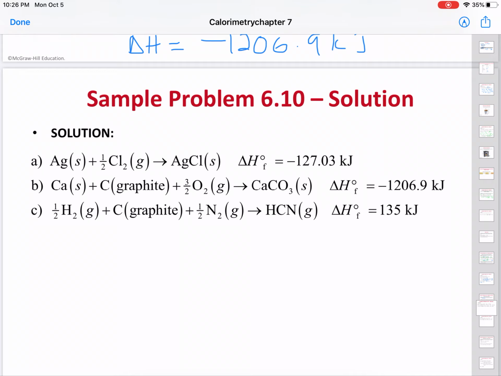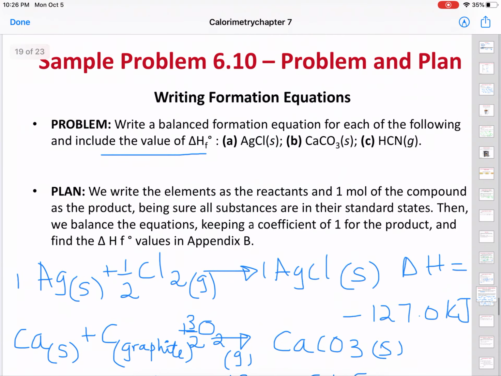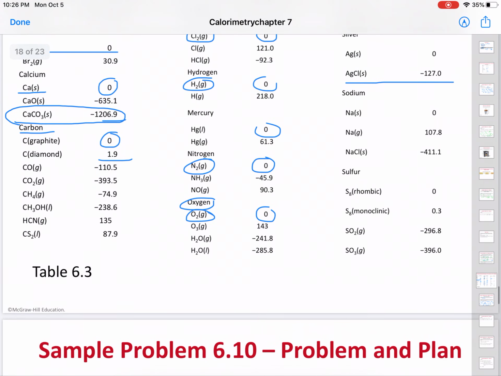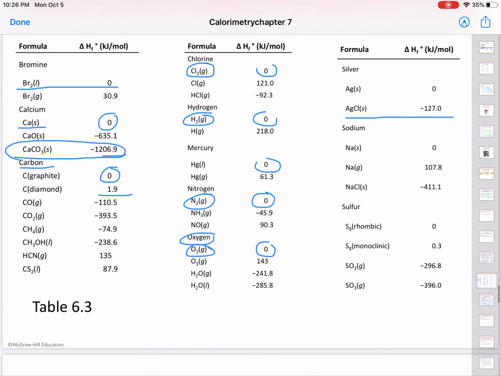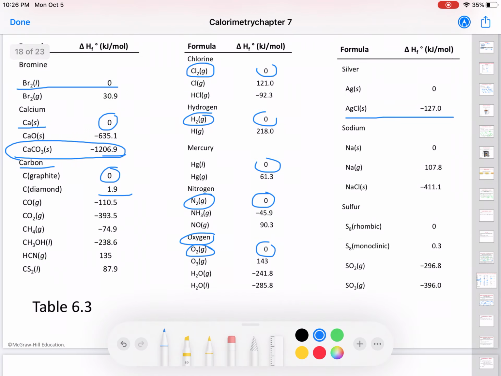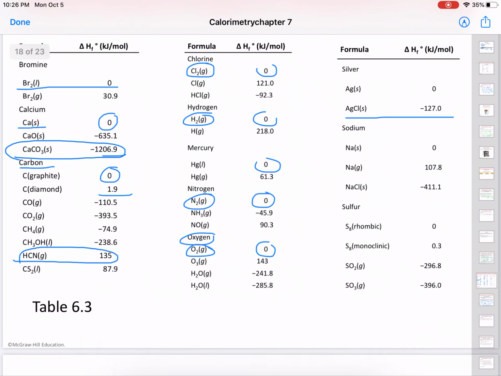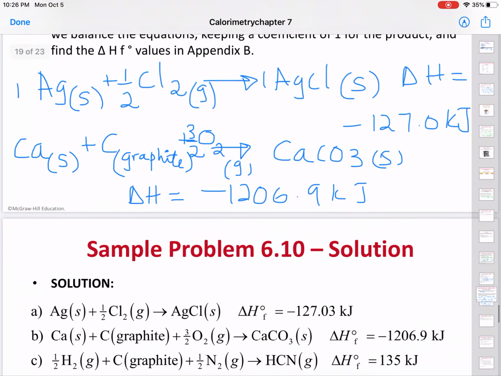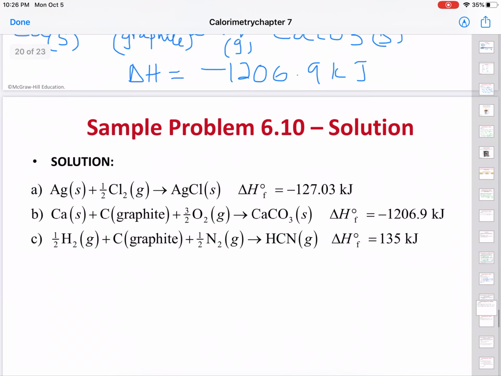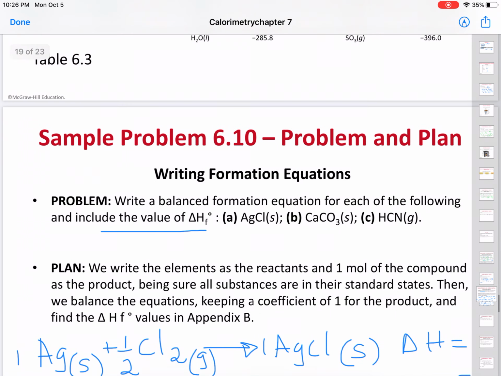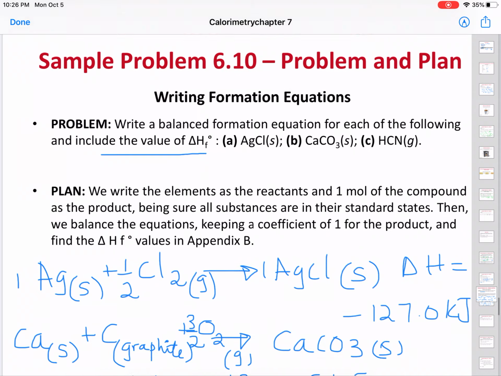One carbon, half nitrogen. And from the table, you can find out the value for HCN, hydrogen cyanide. Do you see that? Hydrogen cyanide, positive 135. So you can write that down. Delta H formation 135 kilojoules. So that is how you normally write a balanced formation equation for any compound and include the delta H formation value. Okay.